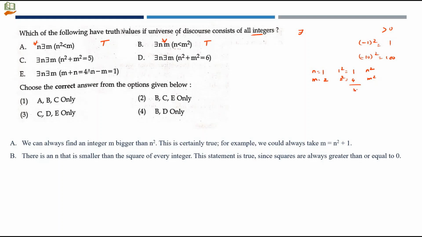Add them together and you get 5. So n square plus m square equals 5 for some values of n and m. They have said there exists a value, so even if one value works, the expression is true. So this statement is absolutely true.